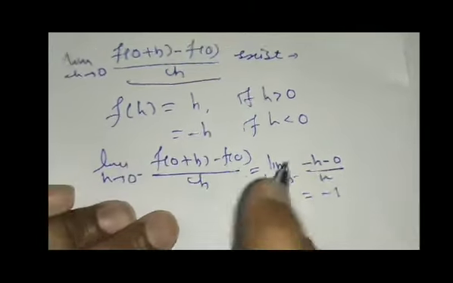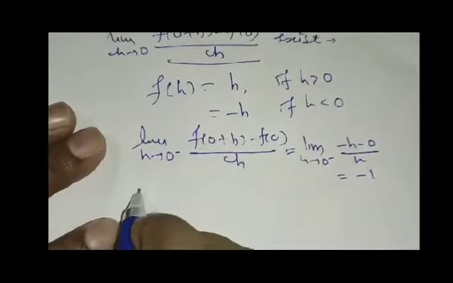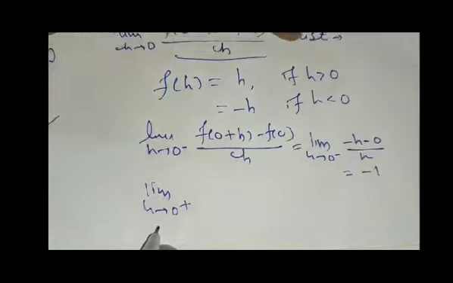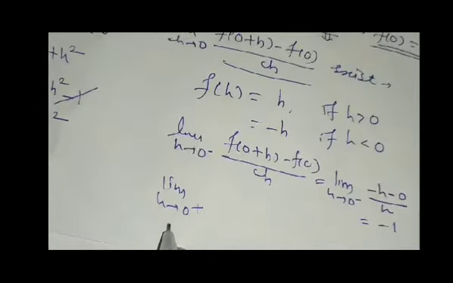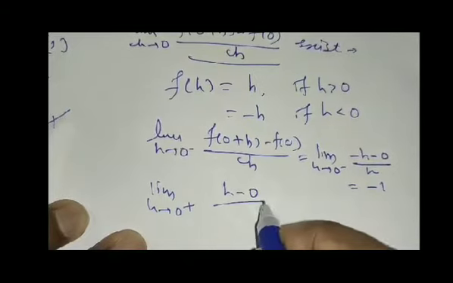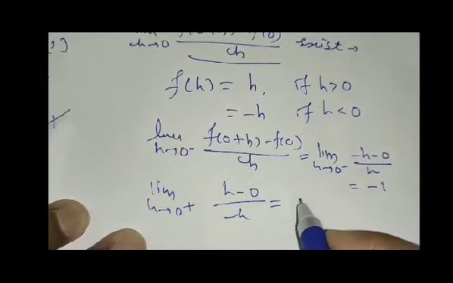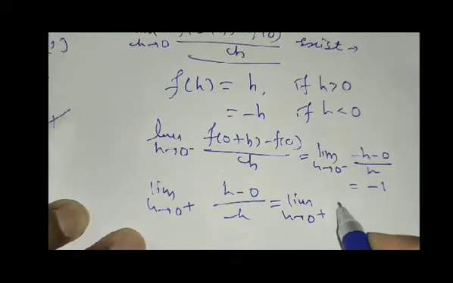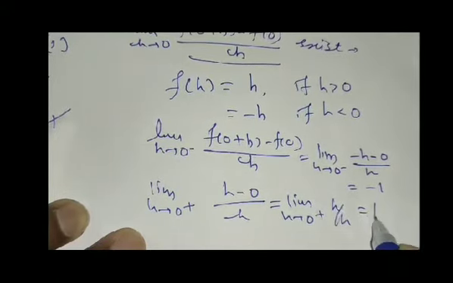This is the left hand limit. And what about the right hand limit? The limit as h tends to 0 plus, when h is greater than 0, f of 0 plus h is h minus 0 divided by h, so we get h by h is equal to 1.